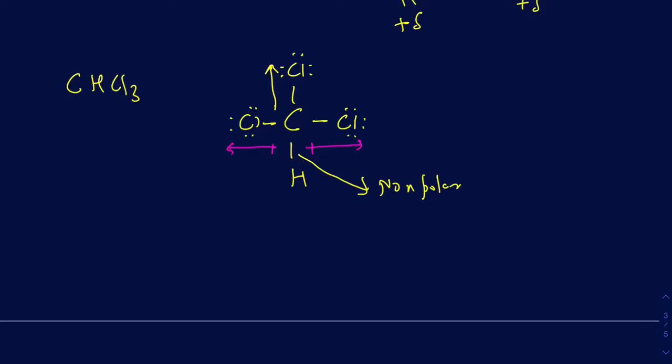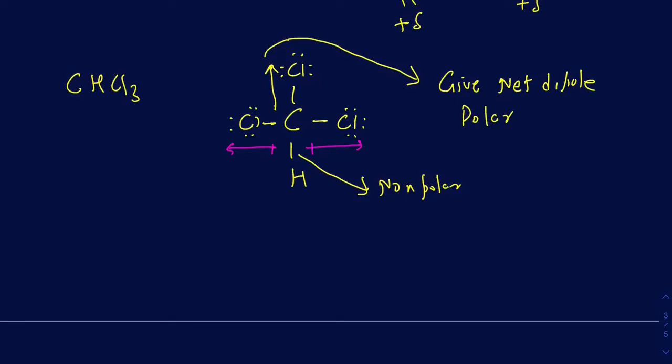Since that creates an asymmetry in the molecule, that gives a net dipole in the molecule. All right, so that's why this molecule overall is going to be polar.